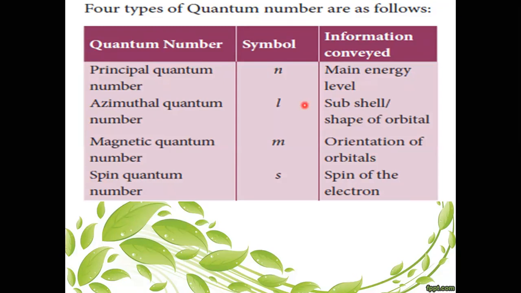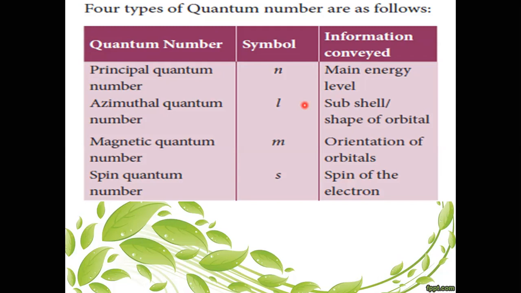The principal quantum number gives information about energy levels. The azimuthal quantum number gives the shape, how the shapes of the shells or subshells are formed. Next, the magnetic quantum number gives the orientation of the orbitals, and the spin quantum number gives the spin of the electrons, how the electrons revolve around the nucleus.